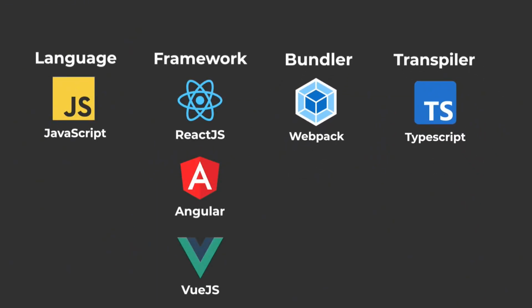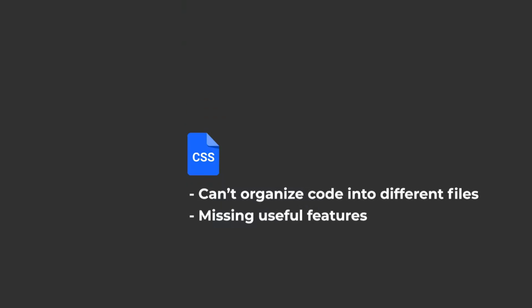Now we're going to move over to CSS. CSS as a language has the same problems as JavaScript. We can't organize our code into different files, and CSS is missing a lot of useful features. So we also use a bundler and a transpiler for CSS. There's a special name for this called a CSS preprocessor. It's basically the combination of a bundler and a transpiler.